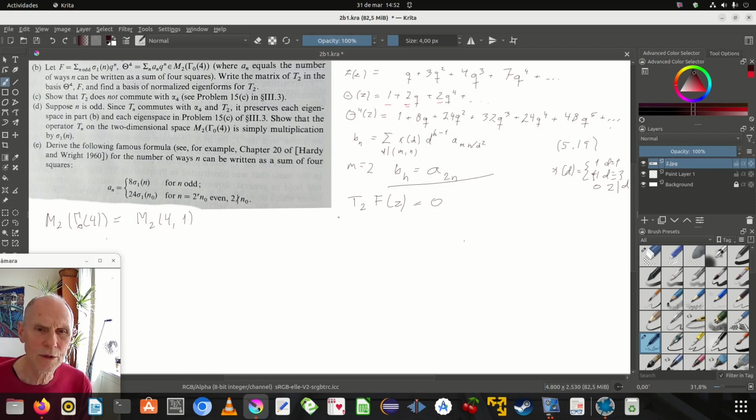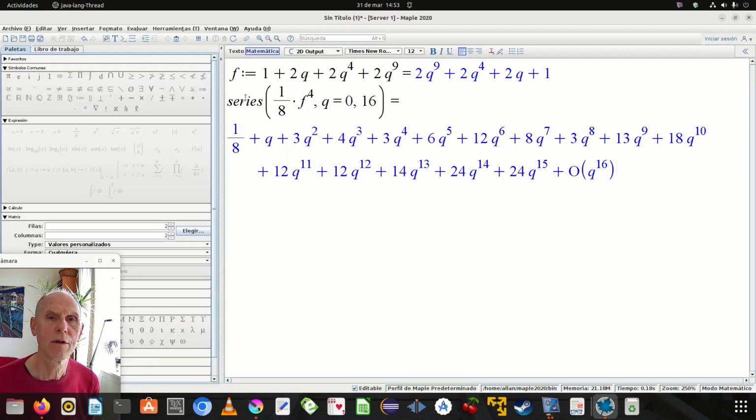Yeah, let's do that. So it just gives the even ones. And then the rest we should find using Maple. So there you have it, easy to see.